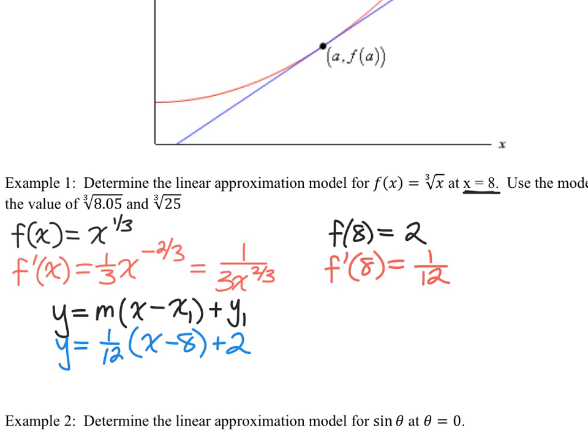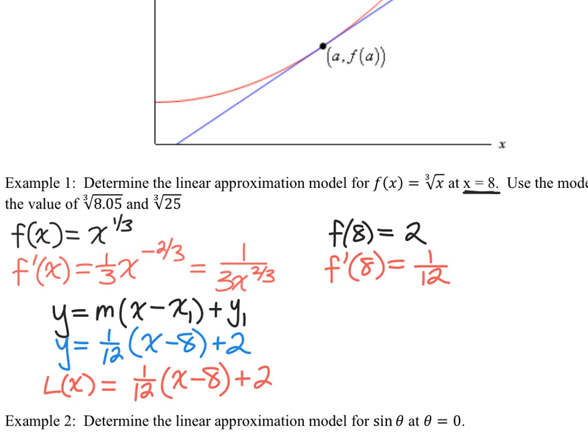Just in terms of the notation, to distinguish this from the original function, which could also be defined as y equals, we call this the linearized model, L of x instead of y. The formula that you see above has the constant value come first, but that doesn't matter for anything. Addition is commutative. So whether it's this or 2 plus 1/12 x minus 8, it amounts to the same thing.